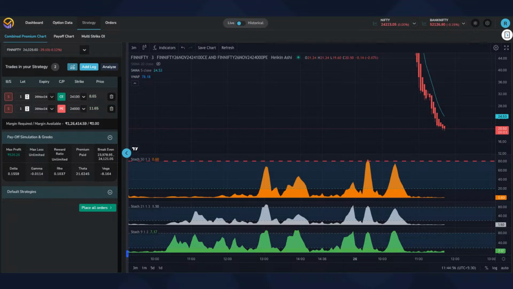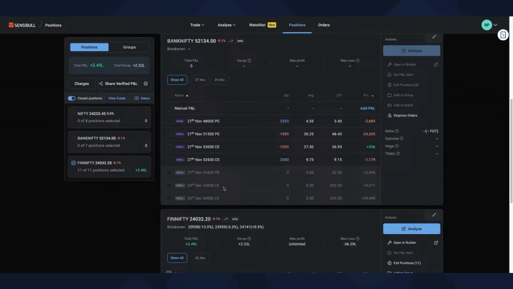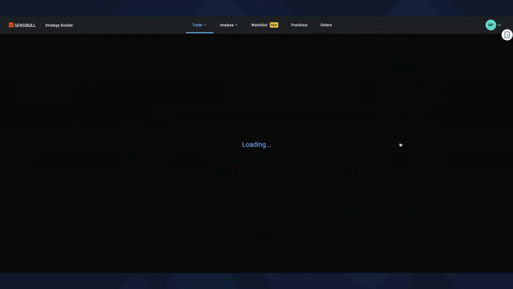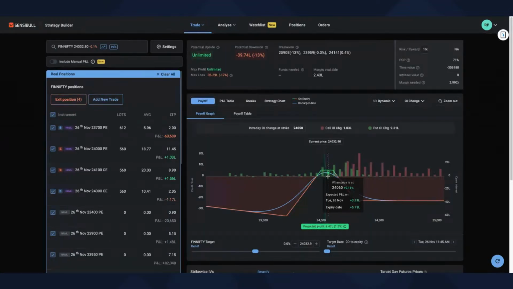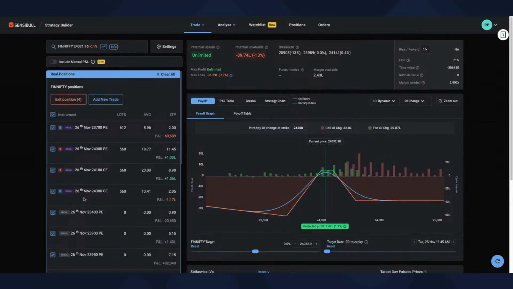So right now, let me also share the positions here. These are all the positions that I have right now. I have exited all these positions for now. How many positions do we have?